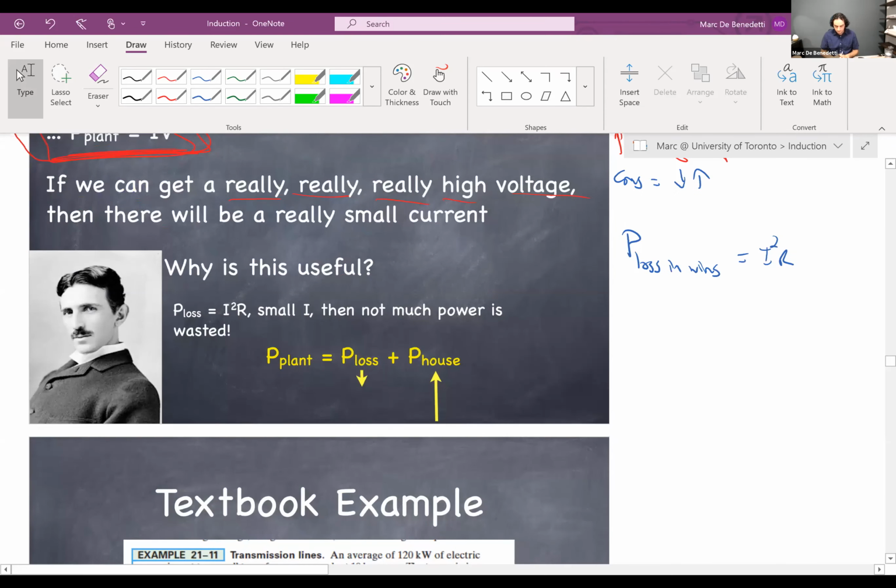So that's pretty much what this is saying here. It's saying what comes out of the plant is a constant value. So if you waste less, then more will get to your house. Okay? That's what Tesla was trying to say.